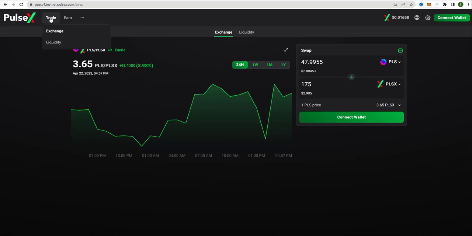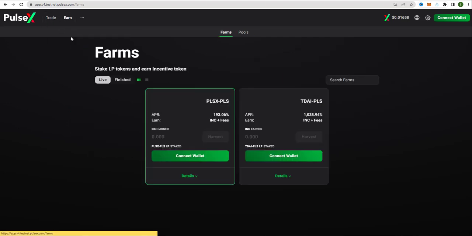What happened is that when the farm opened early on, it was only PLSX and PLS LP, which is a liquidity pool that is being staked here to earn incentive tokens. As a result, we have a lot of people who sacrificed for PLSX who do not have PLS.